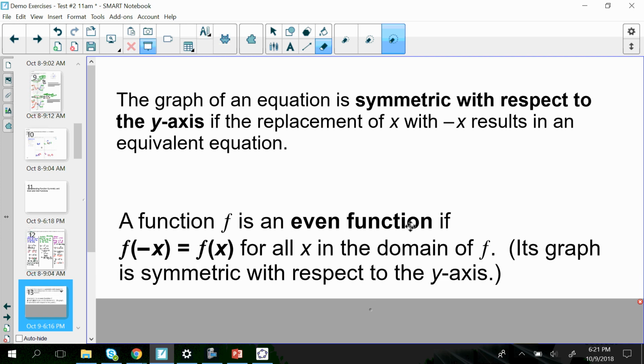And even functions have the quality that, as it's stated right here, f of negative x is equal to f of x. So that's exactly what was stated up here, just stated in a different way. Replacement of x with negative x results in an equivalent equation. And that's what we see right here. Plugging in a negative x results in what you would normally get plugging in a positive x.